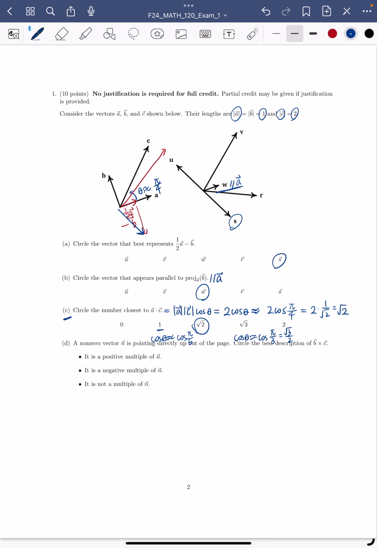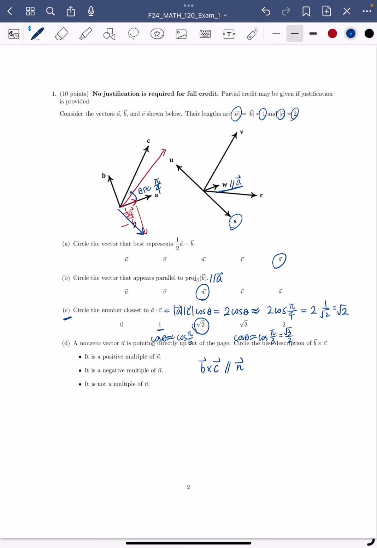Now D, a non-zero vector n is pointing directly up out of the page. Circle the best description of the B cross product C. So we know B cross product C is pointing out of the page. It'd be a normal vector. So it is parallel to n.